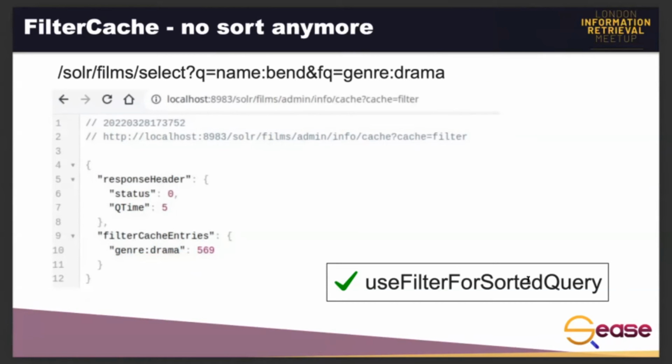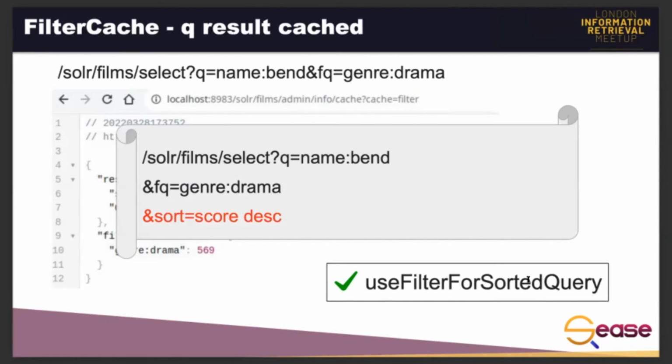If I remove this sort parameter, I don't see it anymore. I just restarted Solr, so I cleaned up all the caches. But anyway, removing this sort clause, I don't see the q parameter anymore. This is because by default, all documents are sorted in descending order by score, so there was the condition we didn't want before.